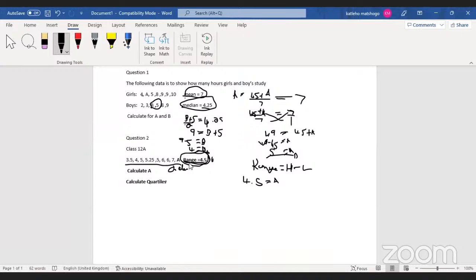Because, as I showed you, this is the range. They've given us the range. So when they've given us something, this is what we actually use. And the set of data is in order. Okay, the answer is 8.